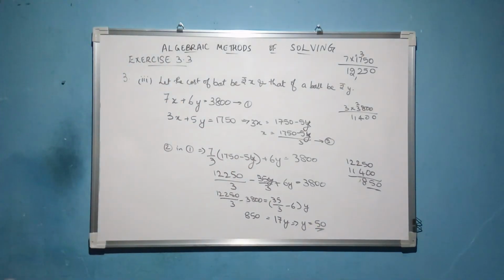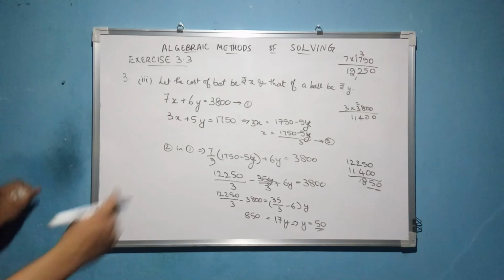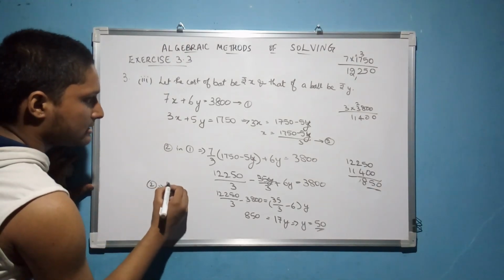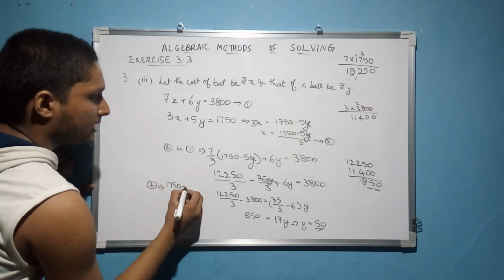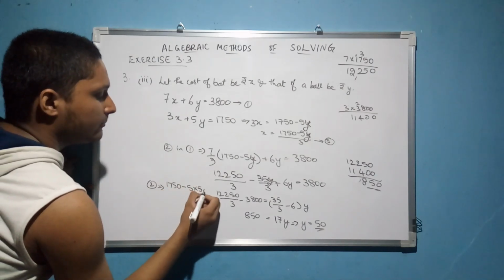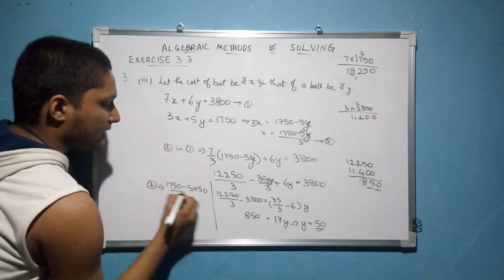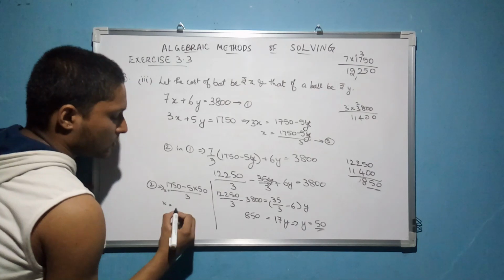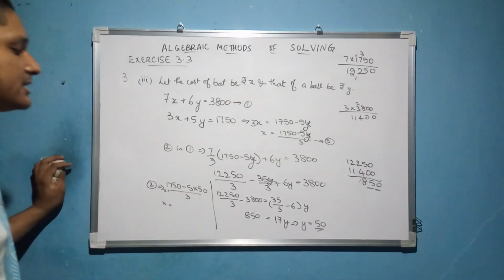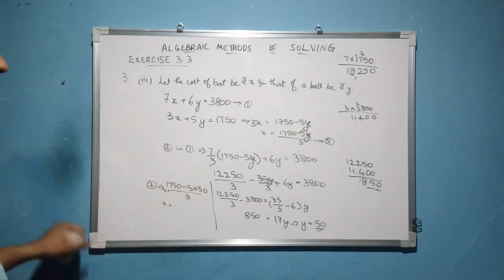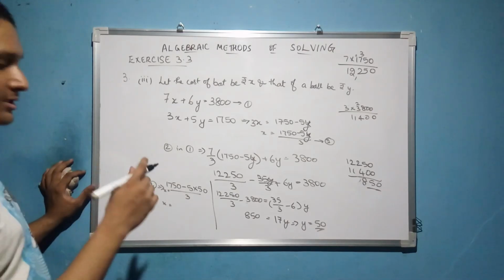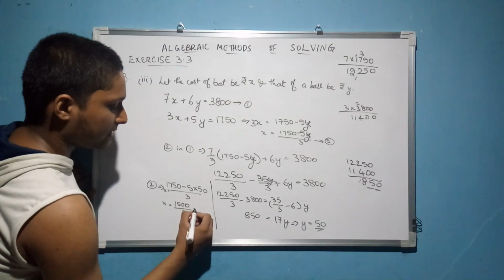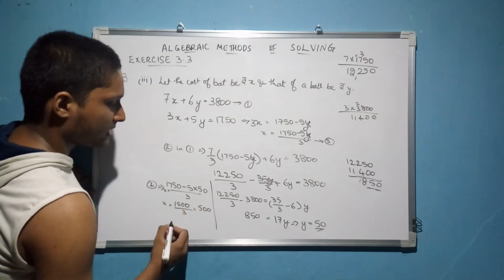y is 50. Now we are going to substitute in place of x. We'll take the second equation, that is better. So x is equal to (1750 minus 5 into 50) divided by 3. 5 into 50 comes to be 250. 1750 minus 250 comes to be 1500, divided by 3 comes to be 500.